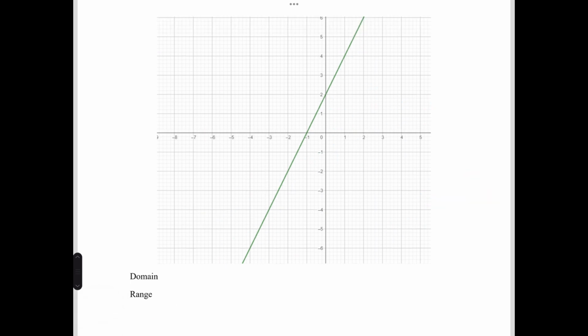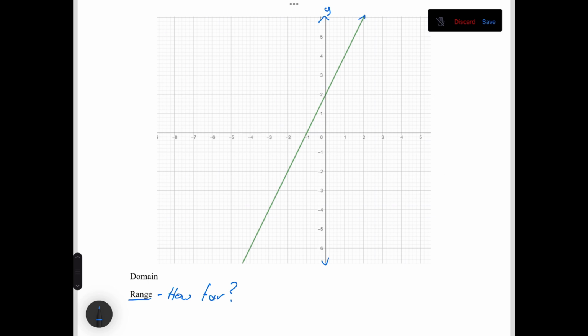There we go. Let's go to the range. We're going to do the same approach here, but simply using the y-axis. Remember, the question is how far does the graph go, on the negative side at the bottom or the positive side on the top? We have arrows because this graph continues forever.